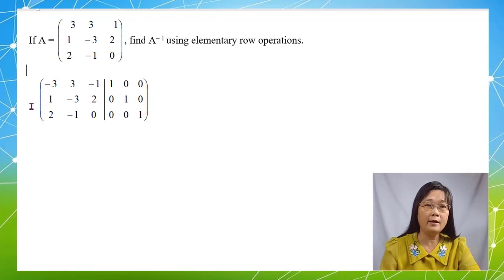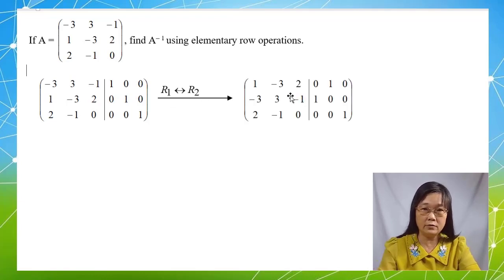When I compare, I find that interchanging row 1 with row 2 is easier. So I decide to use this operation where I interchange row 1 with row 2 and row 2 with row 1. After interchange, now I get this one. The whole row 2 is replaced with row 1 and row 1 is replaced with row 2.